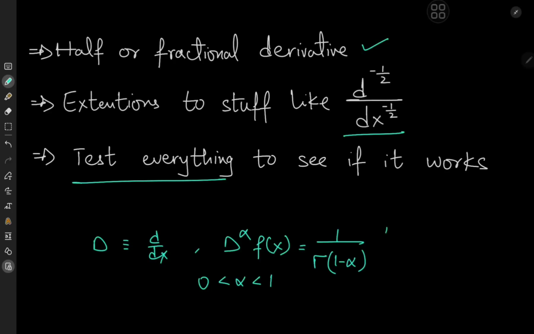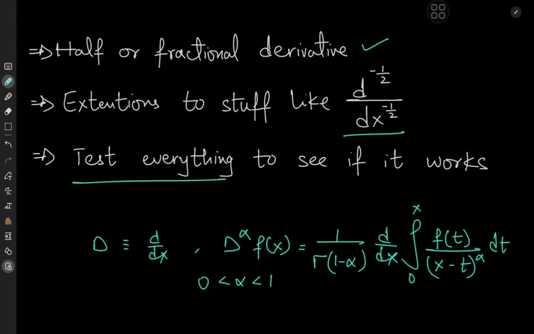You need to multiply that with the derivative with respect to x, that is, yes, the familiar ordinary derivative operator, of the integral from 0 to x of the function f with the dummy variable being replaced by t, and this whole thing is going to be divided by (x minus t) raised to the alpha, integration with respect to t. See? I told you things were going to get exotic.